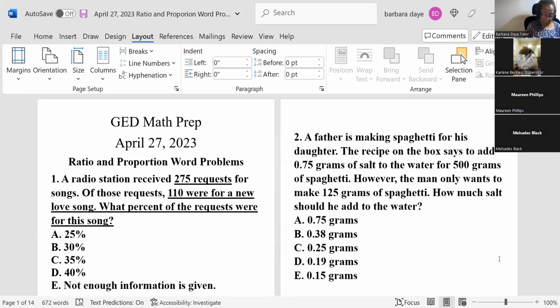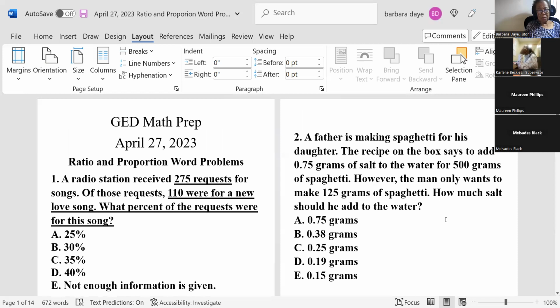I divided the 125 by 500 and got 0.25, which is C. Could be wrong. No, you can't do that, because you just took the grams of spaghetti. But the question says how much salt should be added to the water?